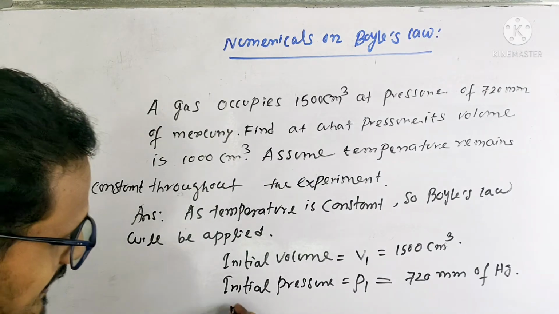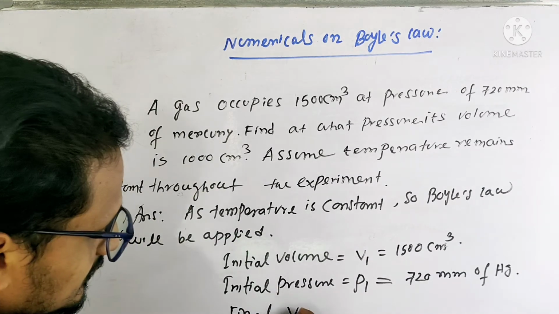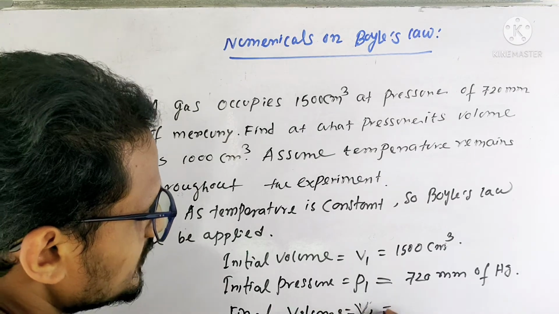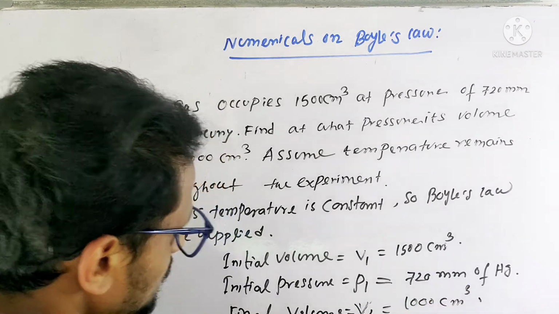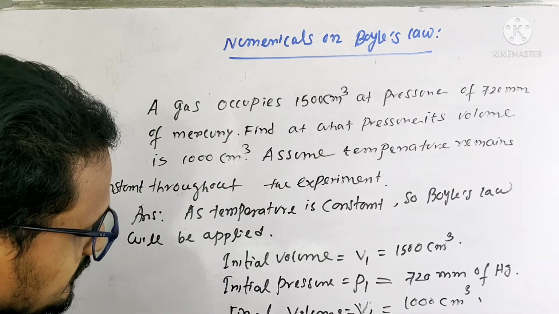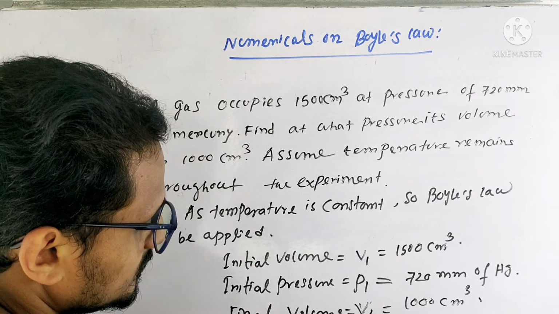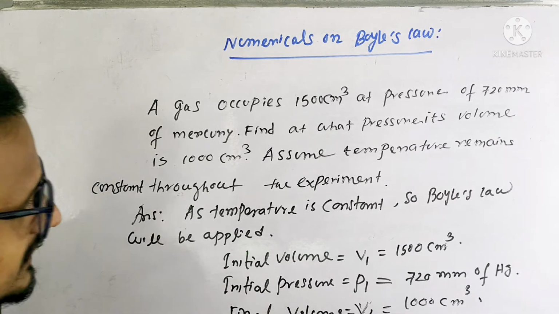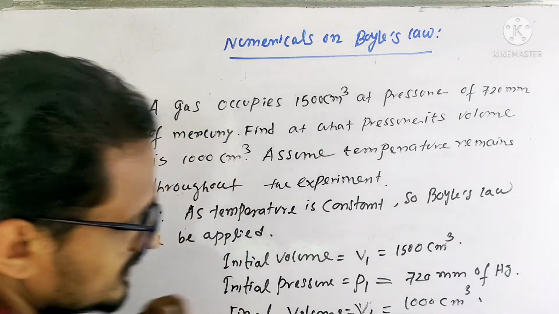Now the final volume V2 is given, it is 1000 centimeter cube. We need to calculate the final pressure P2.